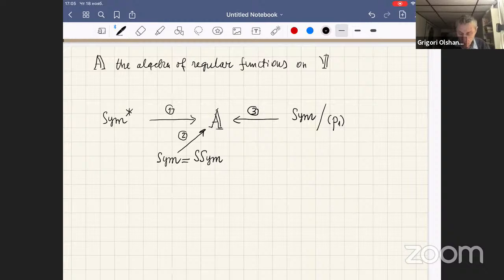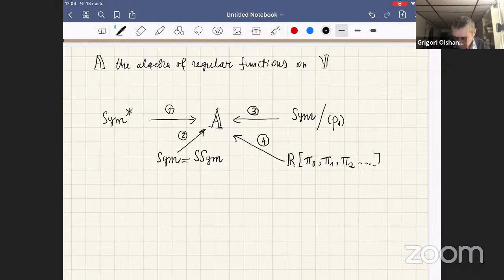This is arrow number 3, and maybe there is also some arrow number 4, and here maybe I will write the corresponding object as the algebra of polynomials in infinitely many variables, denoted pi 0, pi 1, pi 2, and so on. And all these arrows, I recall, are algebra isomorphisms.